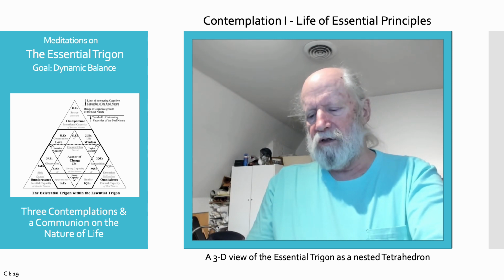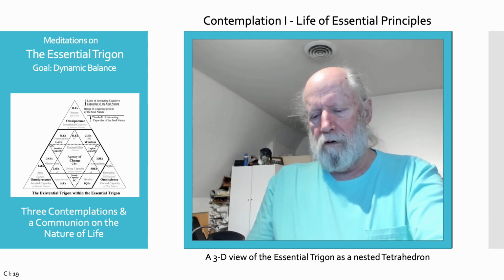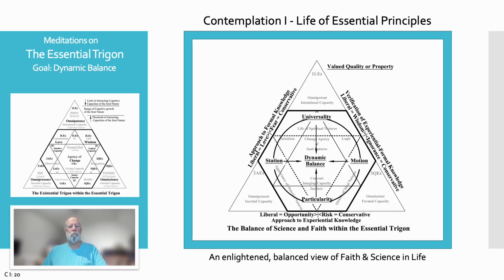That's my supposition anyway. So, the Essential Trigon provides a framework in which to view any number of conditions of life, based on the three fundamental cognitive capacities of innate natural intelligence as instinct, with the addition of programmable logical reason and inspirational intuition.